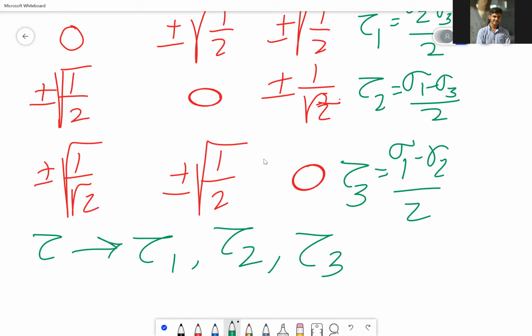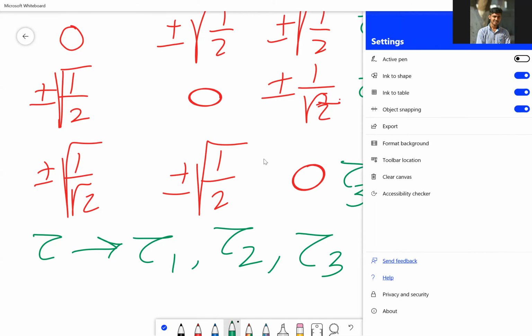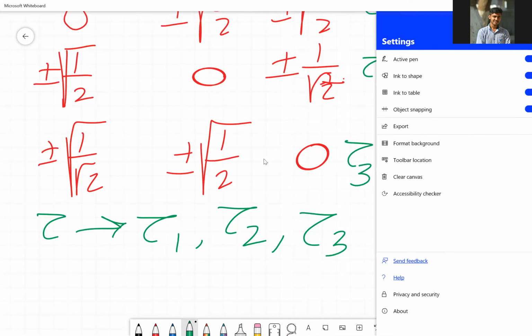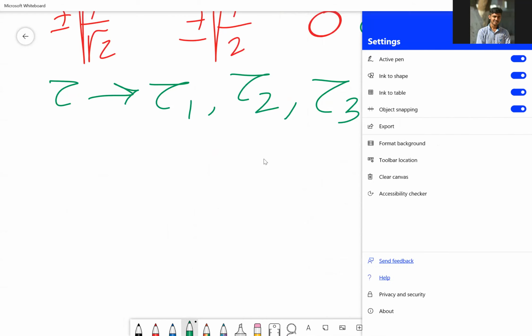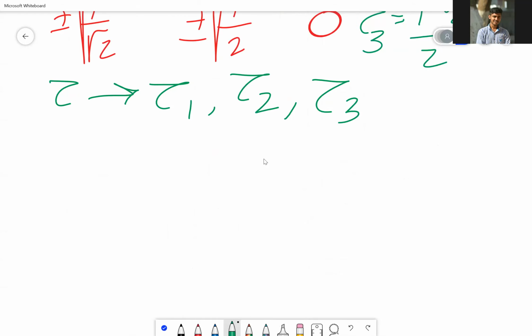From these equations, you can easily tell which one is the maximum shear stress and which one is the minimum shear stress. How can you tell that?